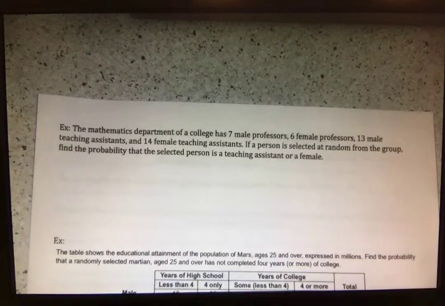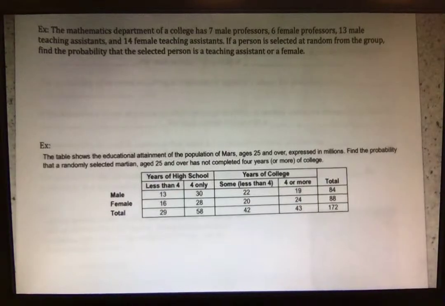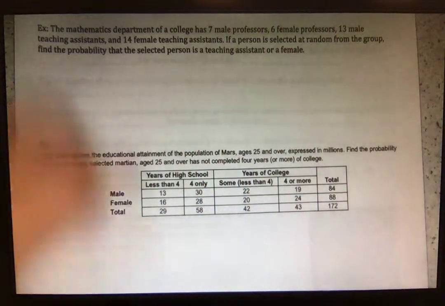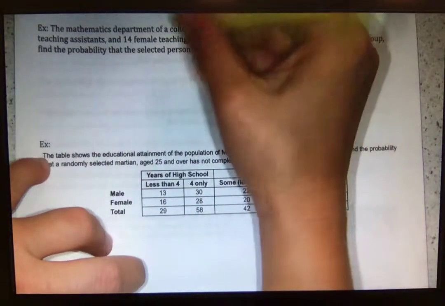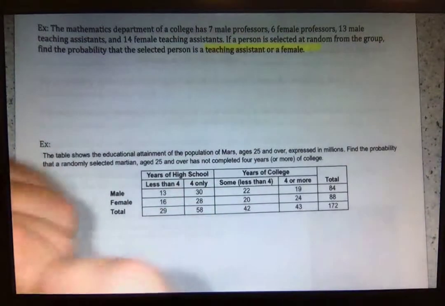Next example. The mathematics department of a college has 7 male professors, 6 female professors, 13 male teaching assistants, and 14 female teaching assistants. If a person is selected at random from the group, find the probability that the person selected is a teaching assistant or a female. So we're trying to find the probability of teaching assistant or female.